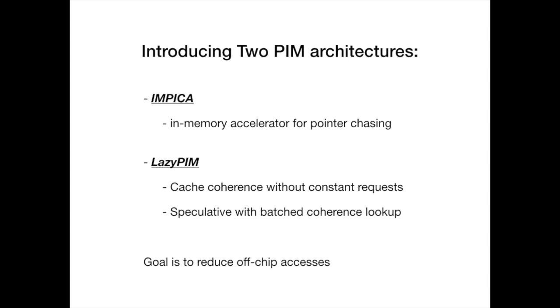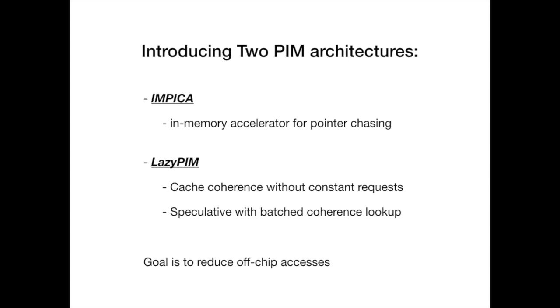And the other method that we're going to discuss, lazy PIM, is a way to maintain cache coherence in a lazy way that tries to minimize the back and forth communication with the CPU. It works in a speculative way, so it assumes that cache is coherent and it queues up requests and then does them in batches to minimize back and forth communication with the CPU.